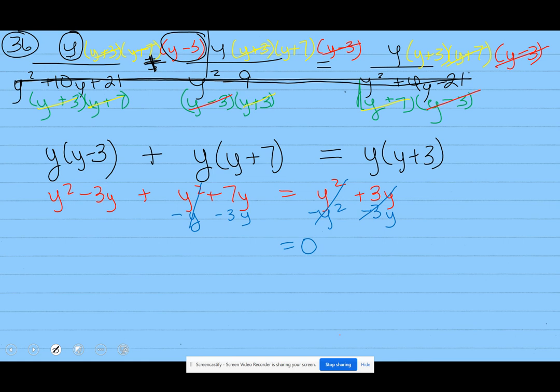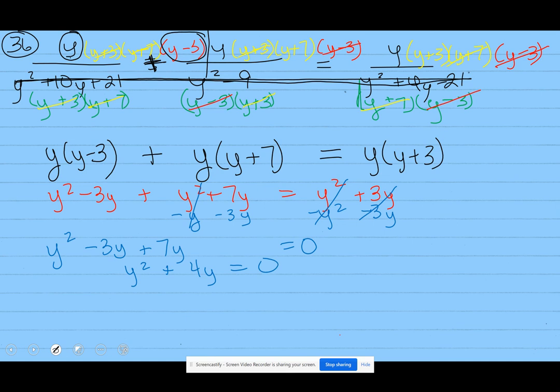That one actually goes away, but I still have another y squared. All right, so I got some like terms. So I got y squared minus 3y plus 7y equals 0. So that's going to be a y squared plus 4y equals 0.